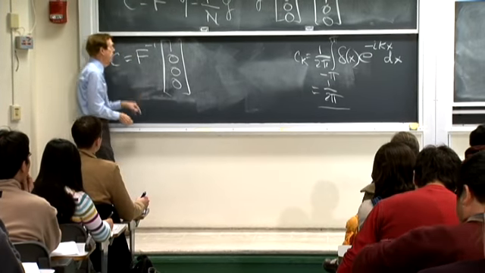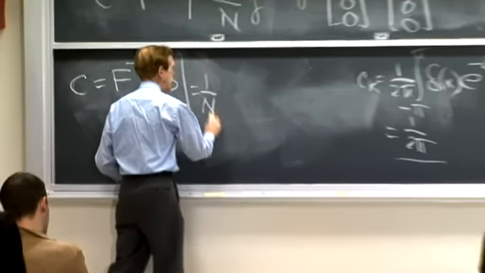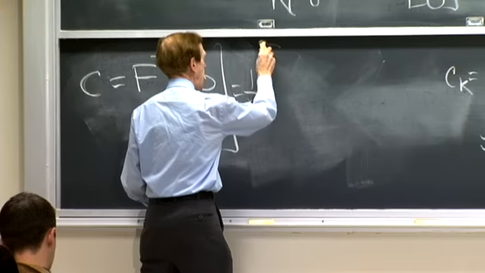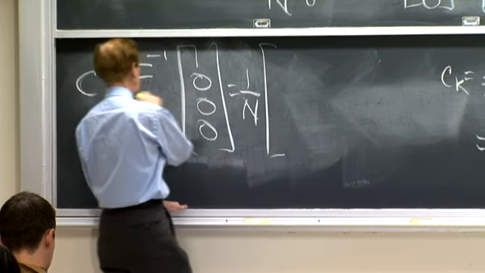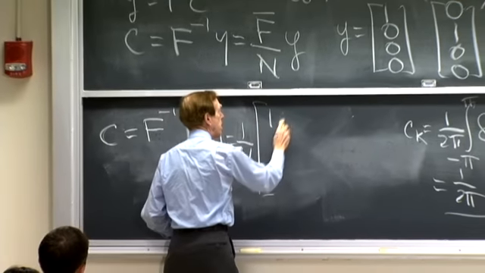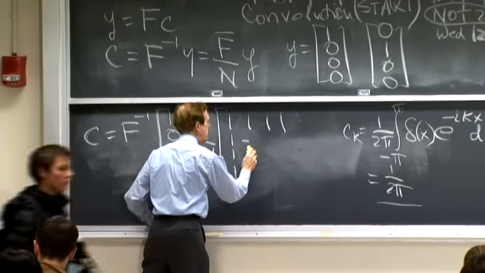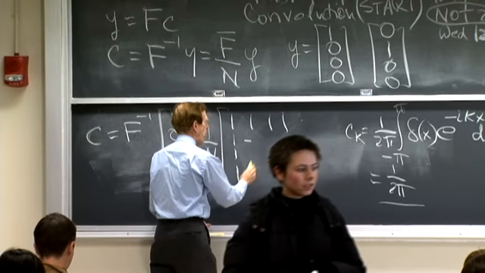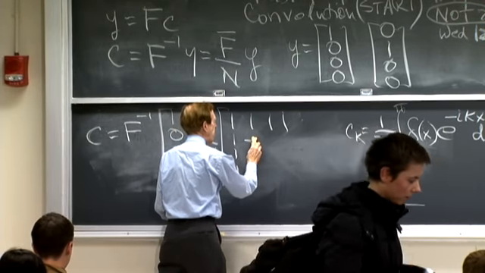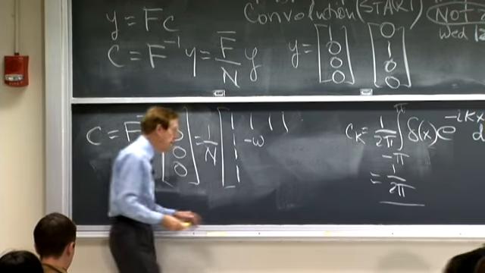You remember what F inverse is. F inverse is 1 over n instead of 1 over 2 pi. And then the entries of F inverse come from F bar, the conjugate. So it's just 1, 1, 1, and I've made it 4 by 4 here. This is minus omega. No, it isn't minus omega.